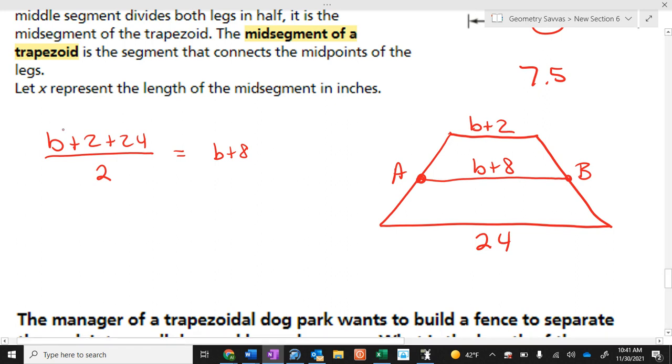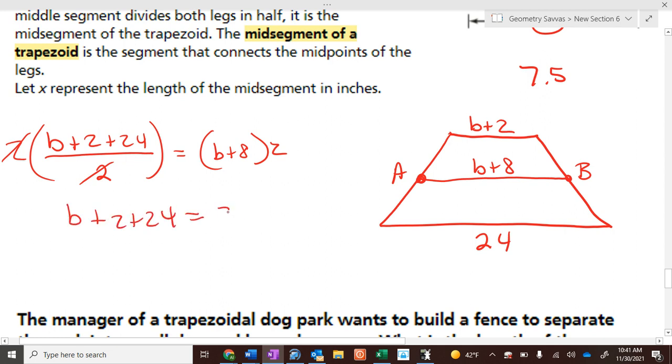Now, I've got b's on both sides of my equation, so I can't just divide this all by 2. So what can I do to get rid of my crazy fraction on the left side? Multiply everything by 2. If I multiply both sides by 2, the 2's cancel here, and I get b plus 2 plus 24 equals 2b plus 16.